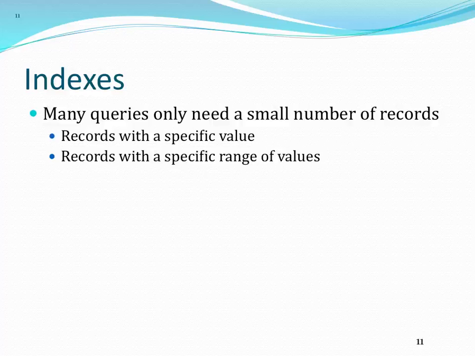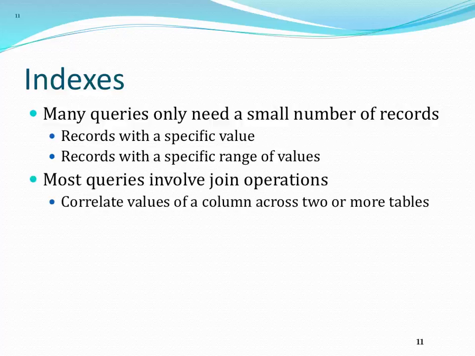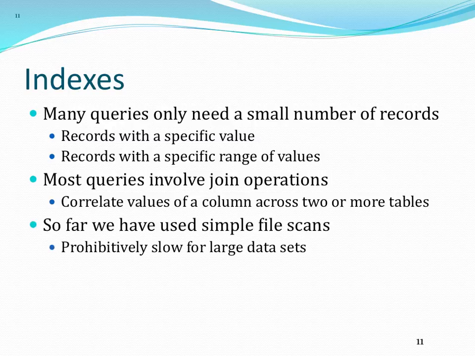But in general, we are frequently looking up a small number of records that we care about. Same thing with joins. When you're joining things together, I may have one table and I'm looking at the records in another table that might join against this record, and I would like some way of retrieving just those records. So again, I'm trying to identify a few records based on some record's values.